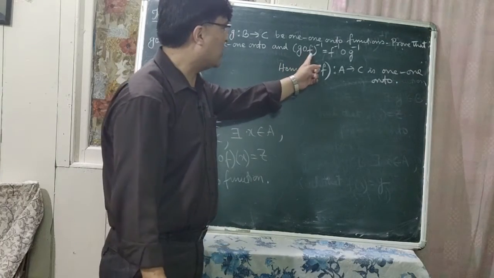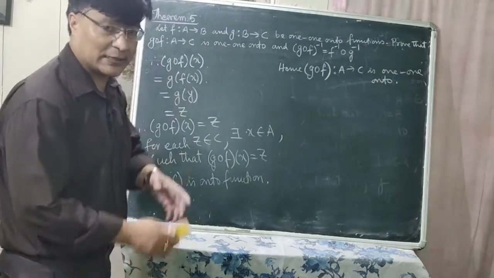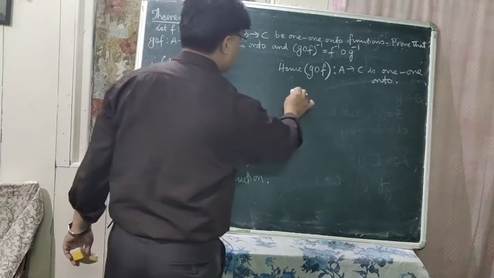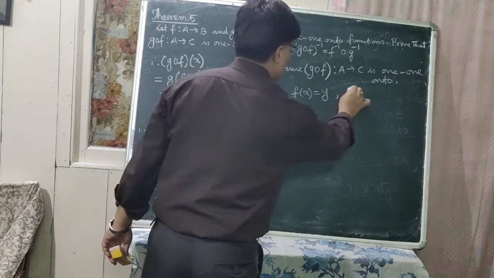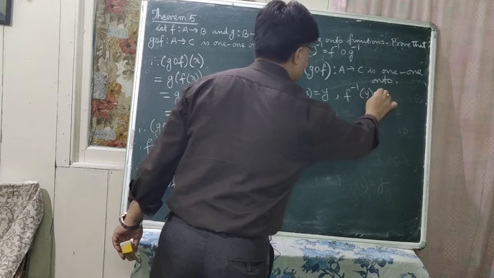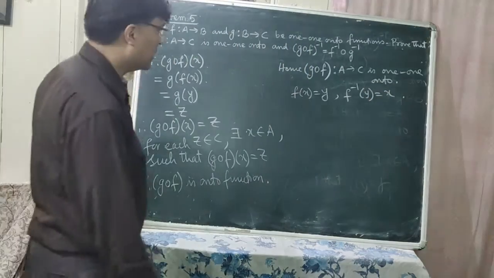that is (gof) inverse is equal to f inverse o g inverse, right? As you know, f of x is equal to y, that is f inverse y is equal to x, right?